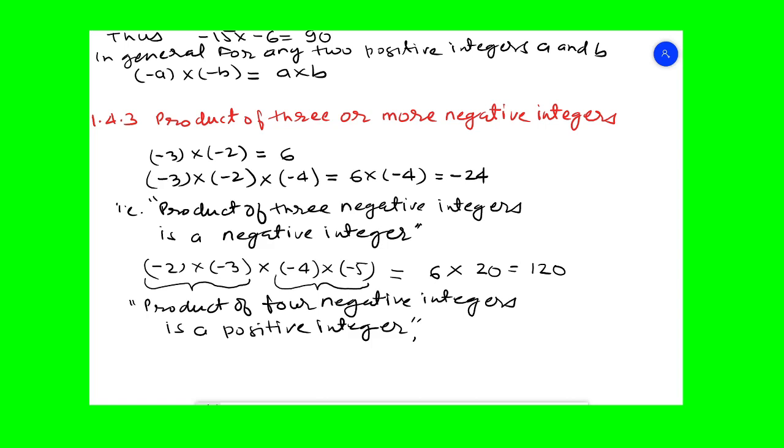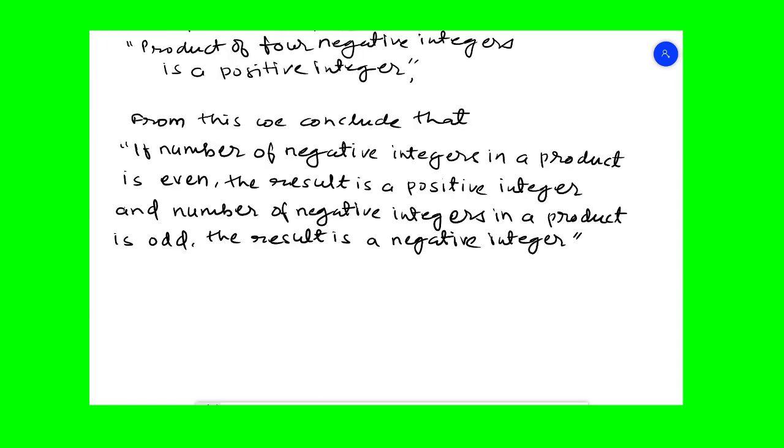So in general, what we can write from this, we conclude that if the number of negative integers in a product is even, the result is a positive integer, and if the number of negative integers in a product is odd, the result is a negative integer. So when two negative integers are multiplied, we get a positive integer because 2 is even.